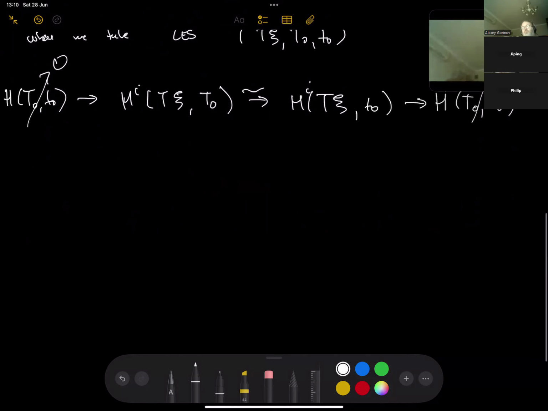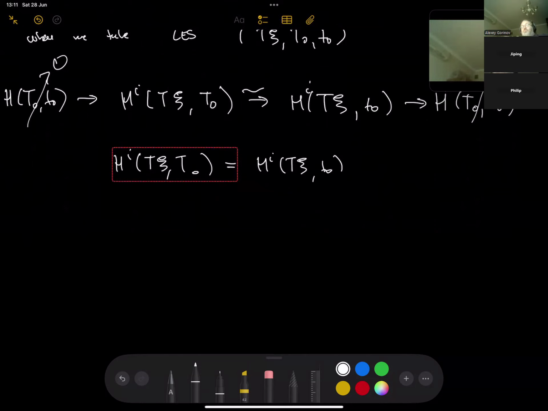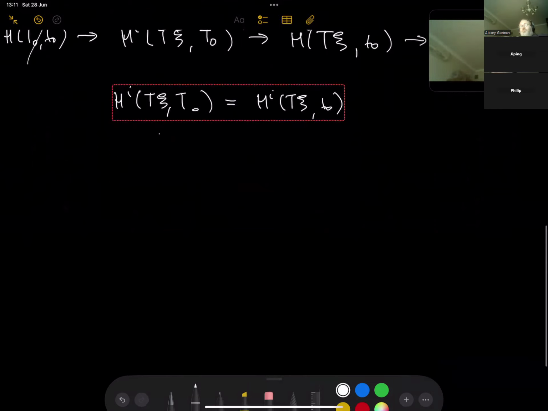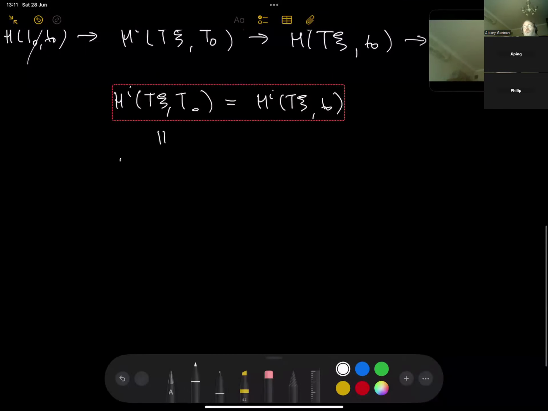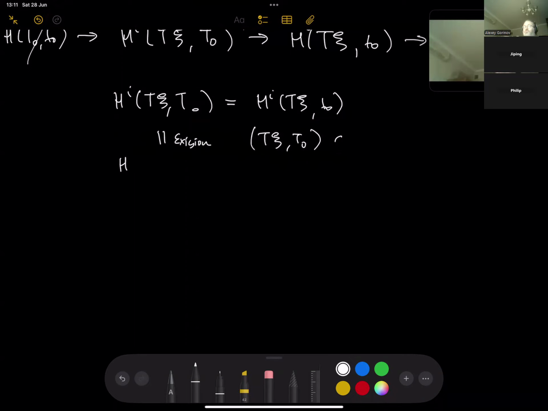So we have H^i(T psi, T0) is the same as H^i(T psi). And then by excision, T psi minus T0 can be viewed as a subspace of E minus the zero section.